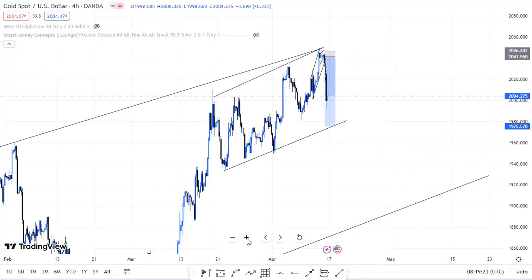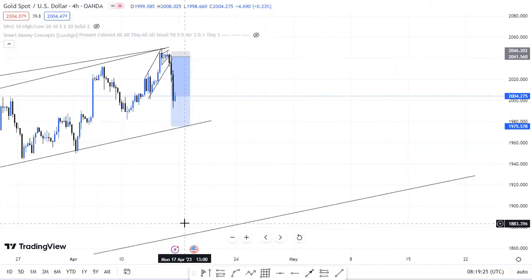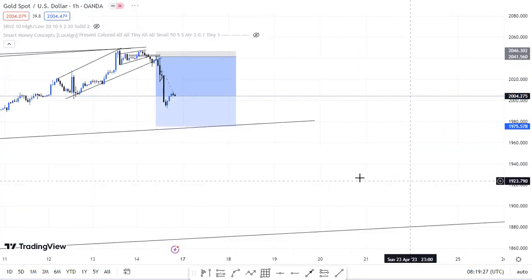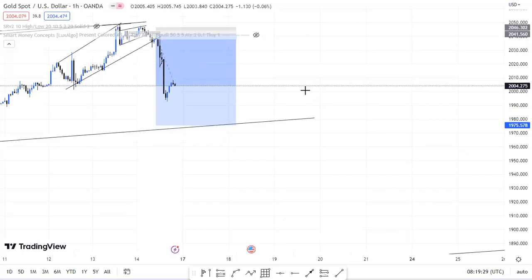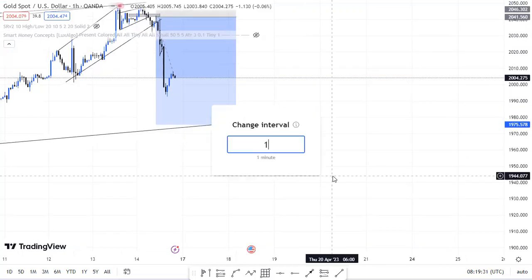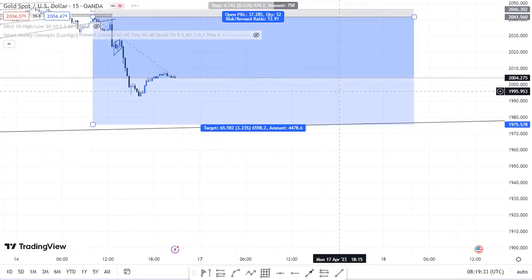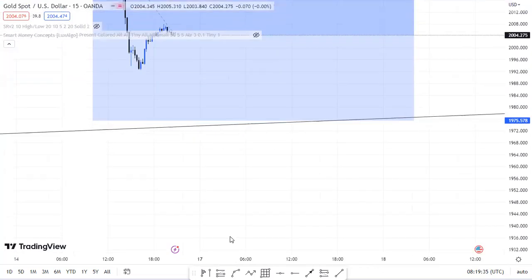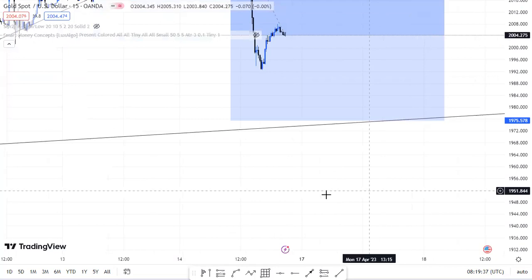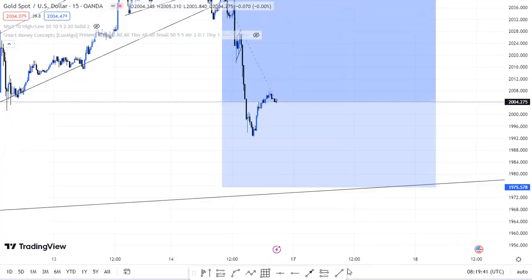So I'll be expecting a correction. As you can see, it's already giving us a correction which is going to be visible on a smaller time frame. Okay, but we're not going to force that correction, just going to wait for it to play out.